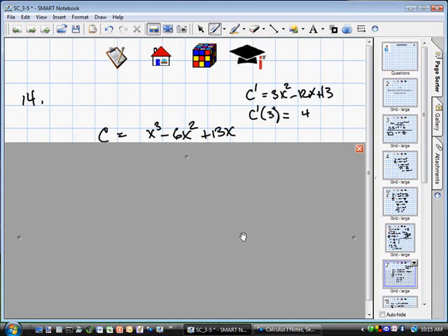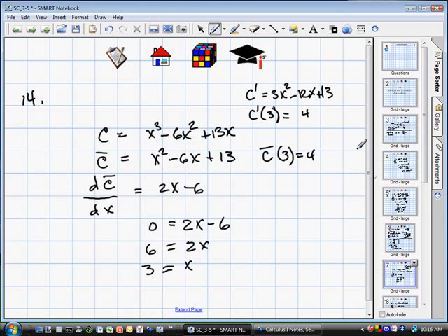Interesting. Okay. So here we go, number 14. We've been told that the cost function is x cubed minus 6x squared plus 13x. So step one. Well, I found C prime right away, but we need C bar too, don't we? And to find C bar, you have to divide by x.